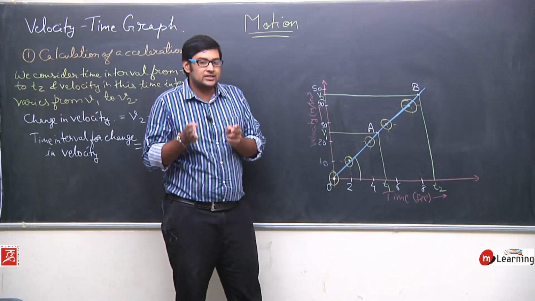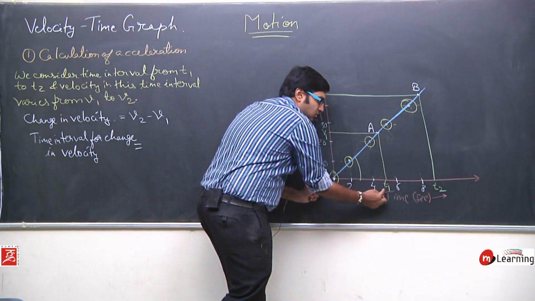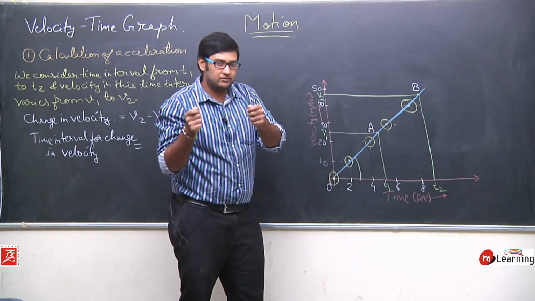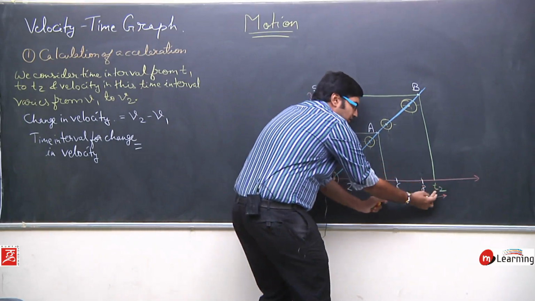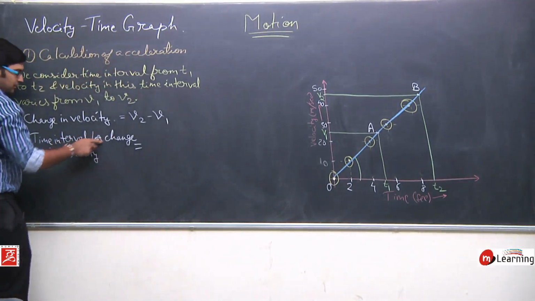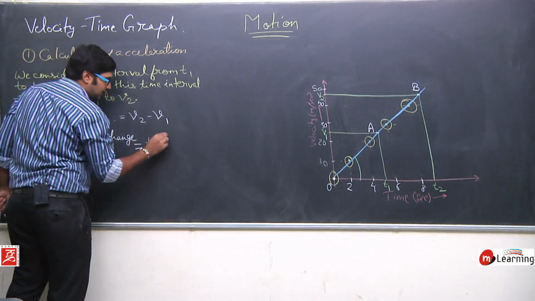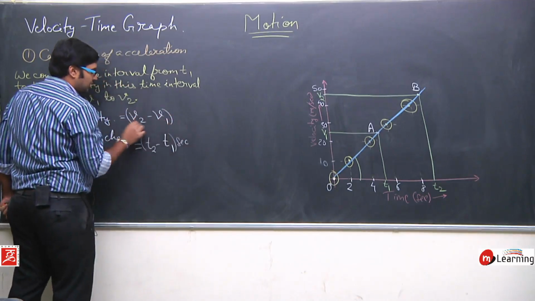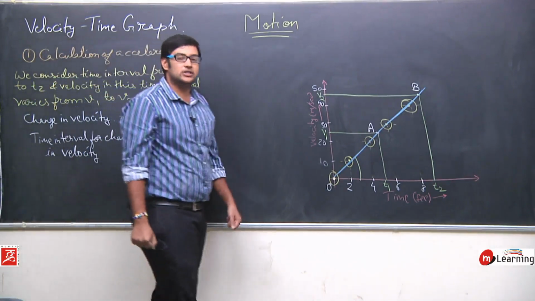If I want to consider the time interval from T1 to T2, I have to subtract this OT1 from this OT2. Okay. So OT2 is a bigger time interval and OT1 is a smaller time interval. I have to subtract this time interval from this to get only this much time interval. So I will say the time interval for change in velocity, that is from v1 to v2, is t2 minus t1 seconds, and v2 minus v1 meters per second is the change in velocity.